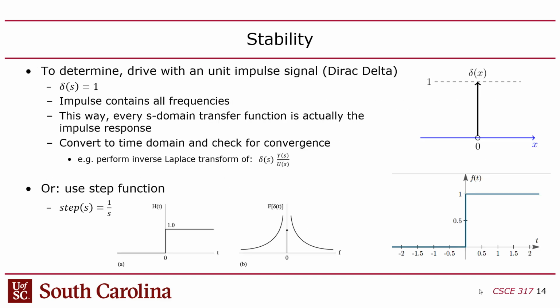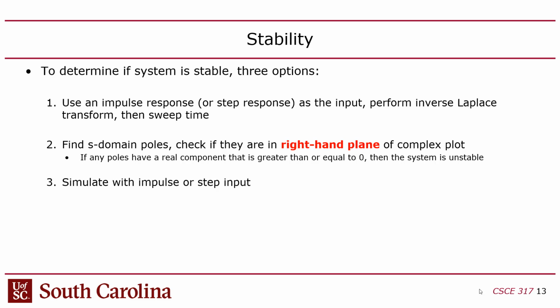Okay, so I talked last night about how you figure out if a system is stable. There are multiple ways. You can do it mathematically by calculating the impulse response. You can find the transfer function poles, meaning the roots of the denominator, basically the values of S. Remember, S is a complex number because the Laplace transform is a frequency domain.